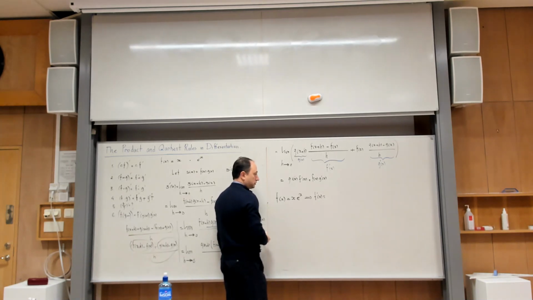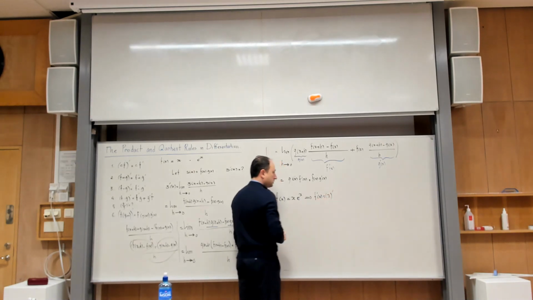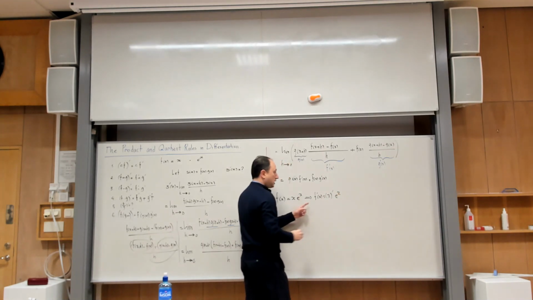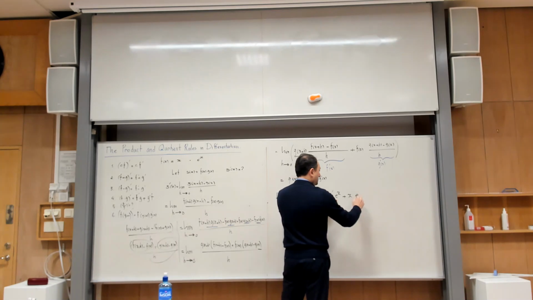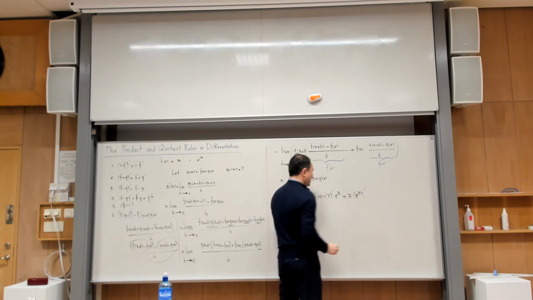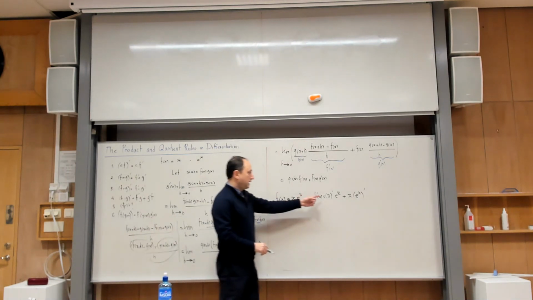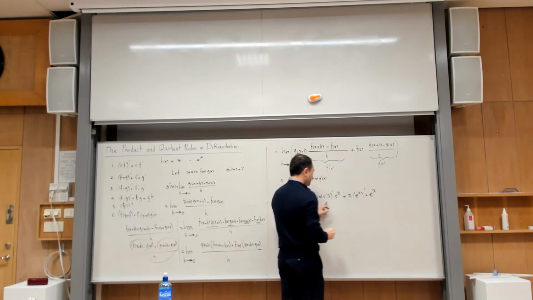What you have to do is realize that this is a product, so that would be the product rule. It means that this becomes the derivative of the first part multiplied by the second part itself, plus the first one multiplied by the derivative of the second one. So that you have to write. The derivative of x is 1, so it becomes e to the power of x.